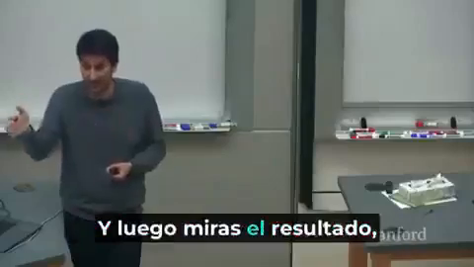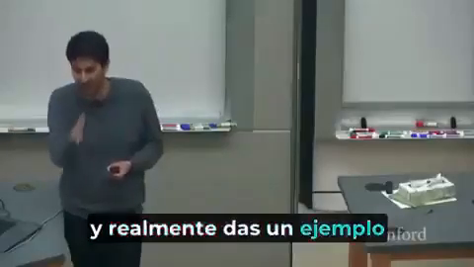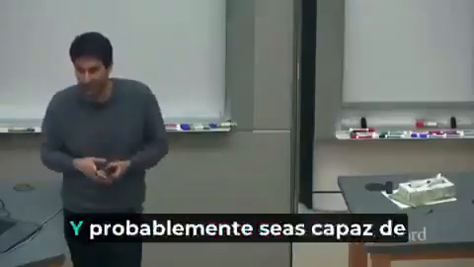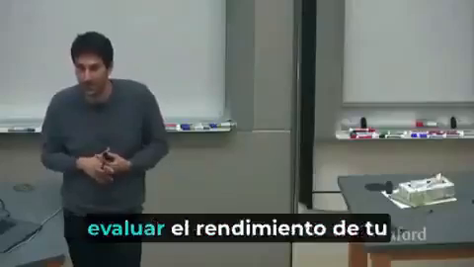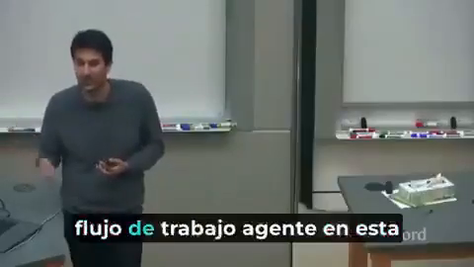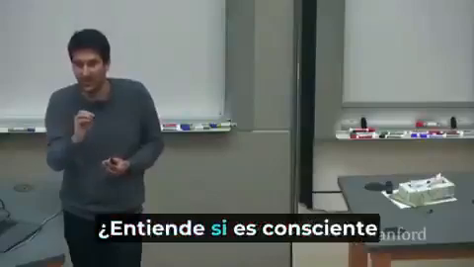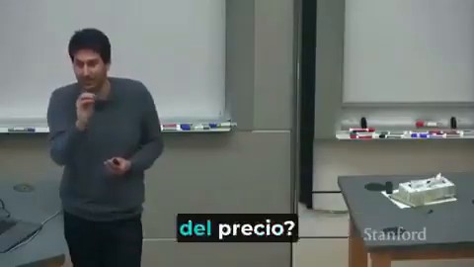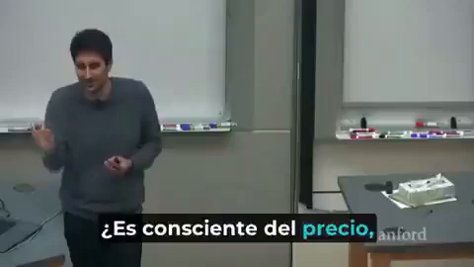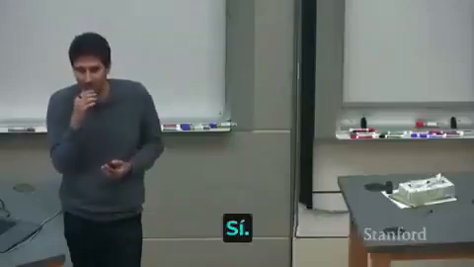And then you look at the output and you actually give the example of a good output. And you probably are able to capture the performance of your agentic workflow on this specific eval. Does it understand price conscious? Is it price conscious essentially and comfort conscious?